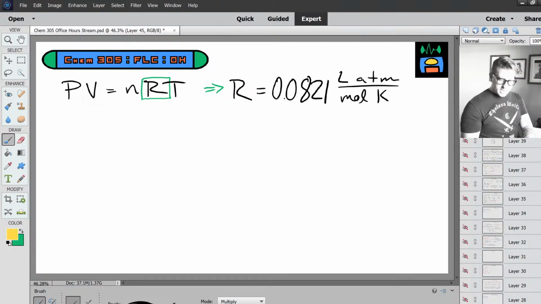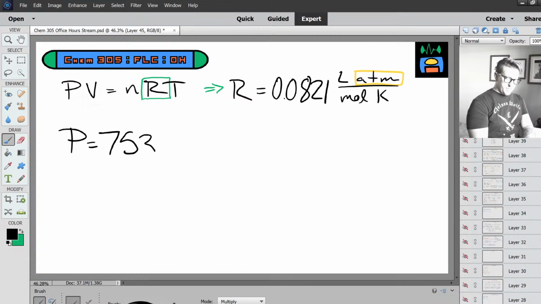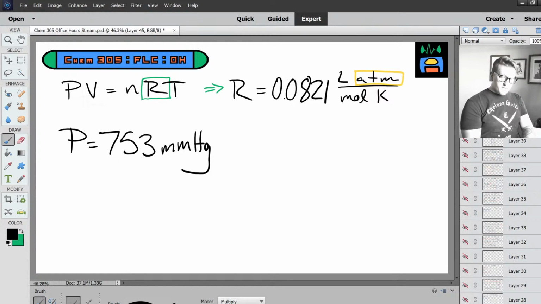So the unit up here of pressure is atmospheres. So if you have a pressure, let's say, of 753 millimeters of mercury, before you can plug it into the ideal gas law, you need to convert millimeters of mercury into atmospheres.